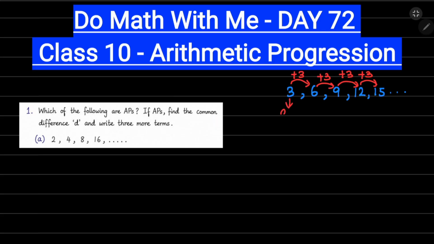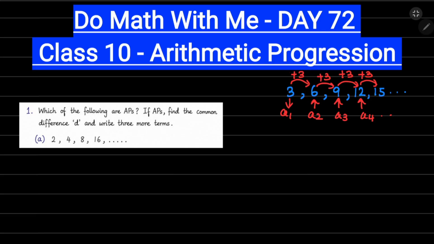The first term you can denote as A1, the second term as A2, the third term A3, the fourth term A4, and it goes on. This sequence is called an arithmetic progression wherein every consecutive number is obtained by adding a fixed number.